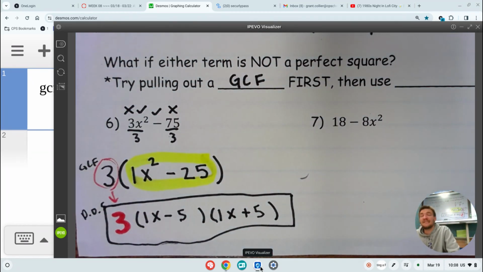I said this is probably the hardest question on the test. GCF, we were really good at, and we did that 2 weeks ago. Difference of squares isn't that hard, and it might be weird today, but you guys will learn it really fast. The reason this is hard is because students always forget to bring down that GCF.